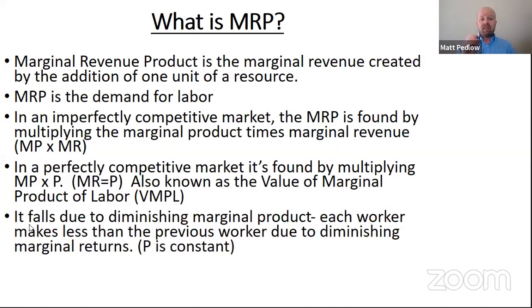And this is important, make sure you guys know this. This is a perfect example of something that can be asked on a free response. Talk to us about why your MRP falls, and it's due to diminishing marginal product, where each worker makes less than the previous worker due to diminishing marginal returns. This is the second time in the last week we've talked about diminishing marginal returns.